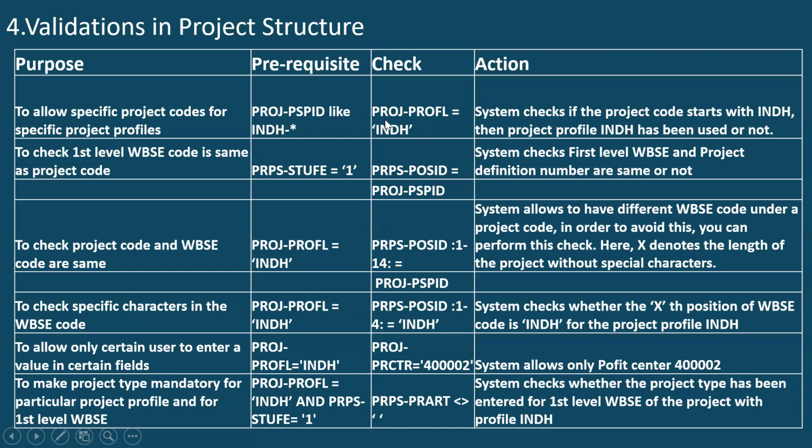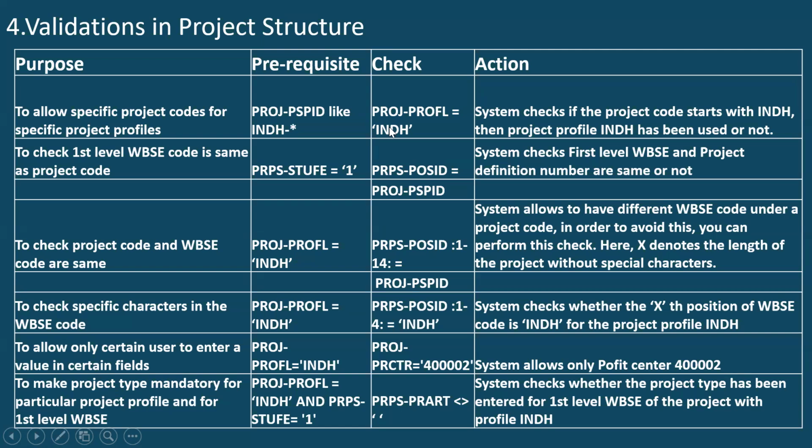For example, if the user is trying to select some other project profile, let us say I have the SAP customer project profile. As of now, even if the user selects that, it will allow, because I am not having any validation, right?